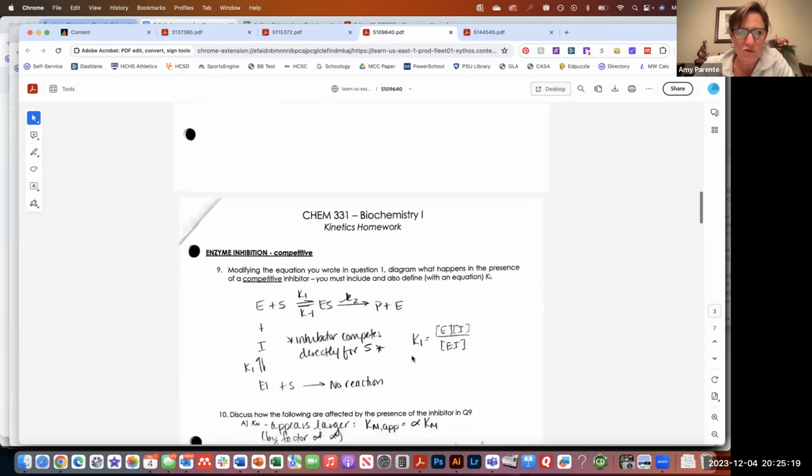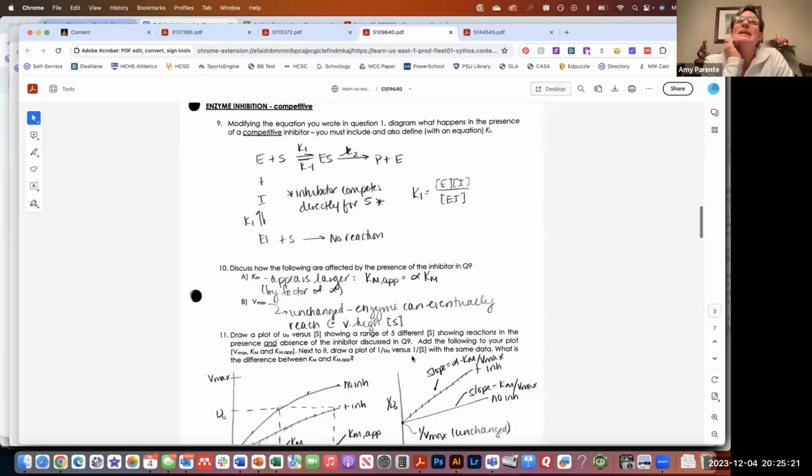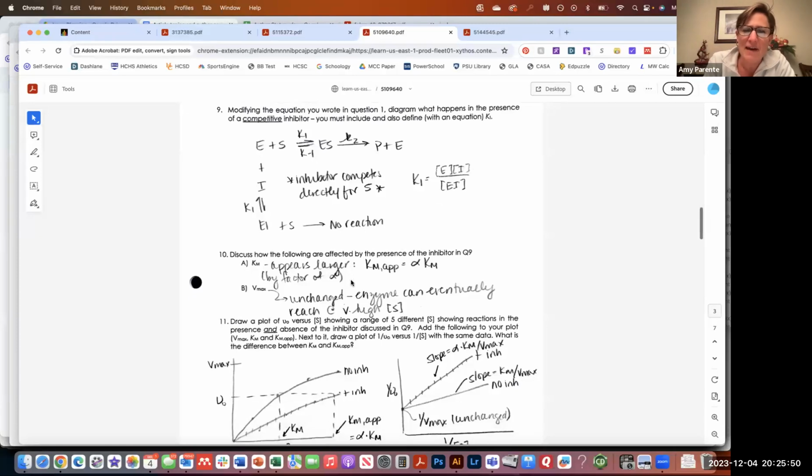All right, moving on, thinking about inhibition, okay? I want to make sure that you know how this equation is going to be different when you consider a competitive inhibitor, which bifurcates the pathway here, versus an uncompetitive inhibitor, which is going to bifurcate the pathway here. Most of the rest of what we see is going to be the same in terms of defining what Ki is, thinking about what alpha is, things like that.